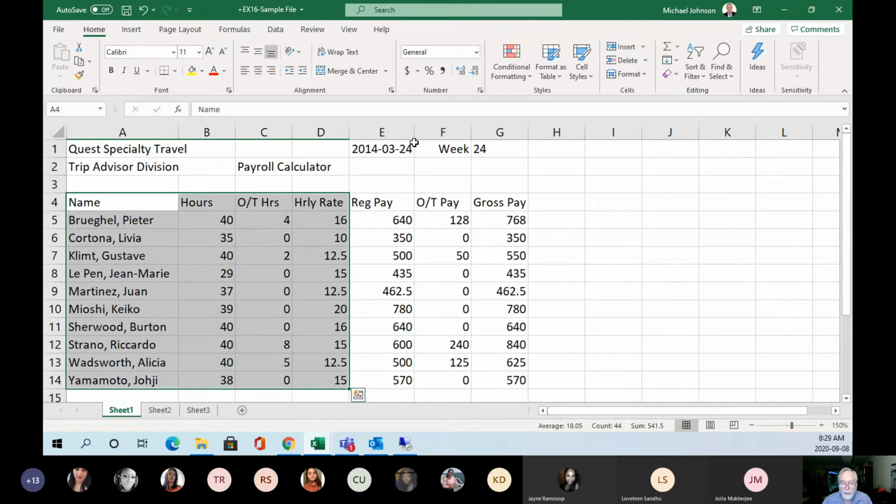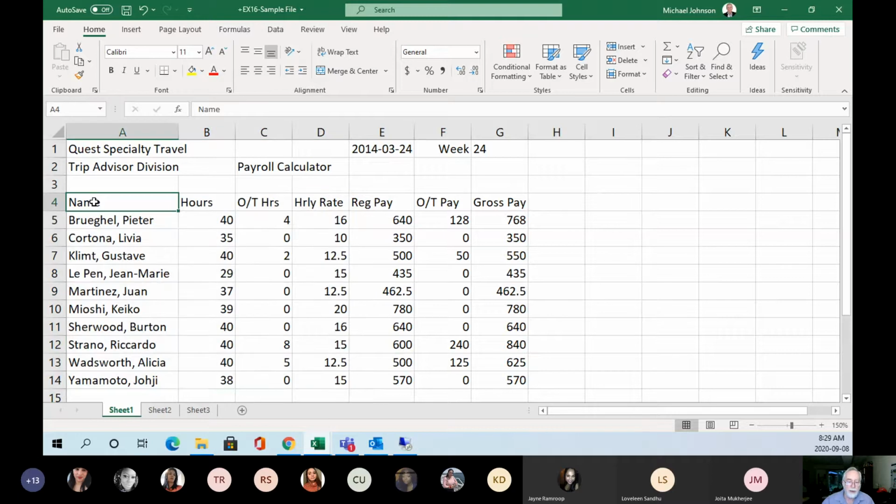Now, as I said a few minutes ago, maybe what you really wanted to do is see a pie chart. And that would mean I could see the entire payroll. So I'm going to actually choose this field name. I'm going to choose everything in it. I'm going to hold down the control key for a moment, and I'm going to choose gross pay. So now I only have those two fields, and I've held down the control key so that I could select that one column.